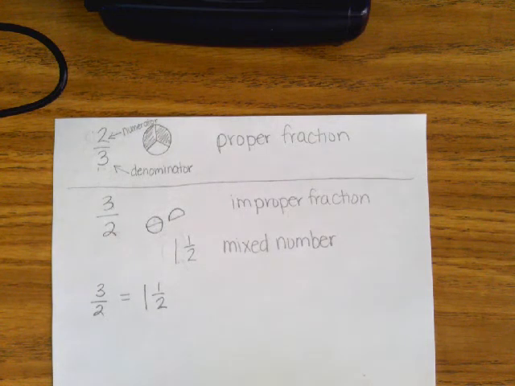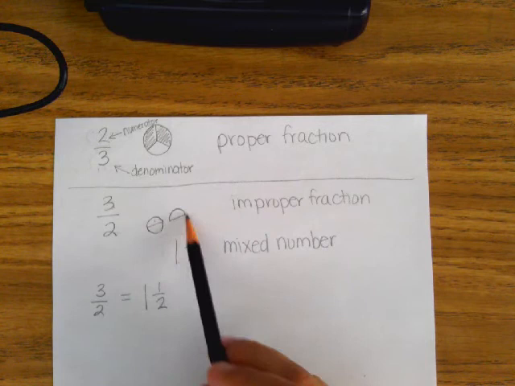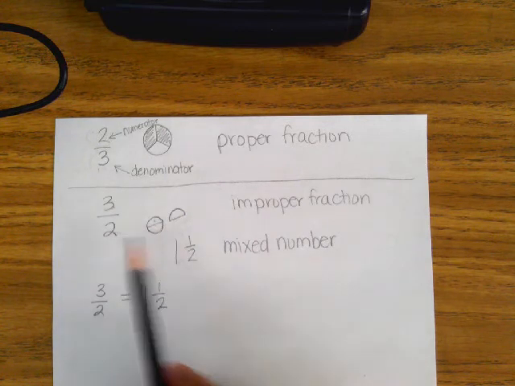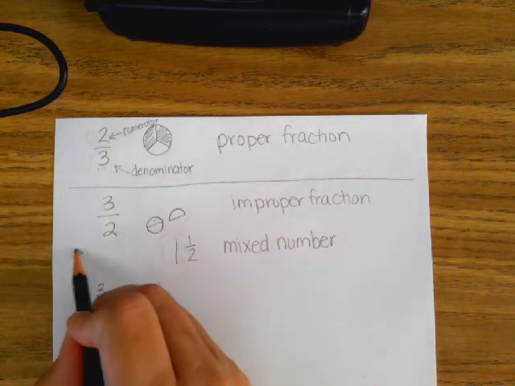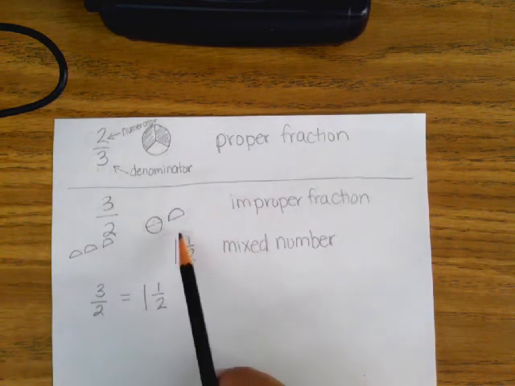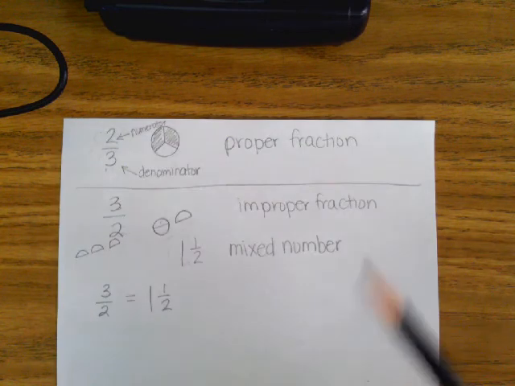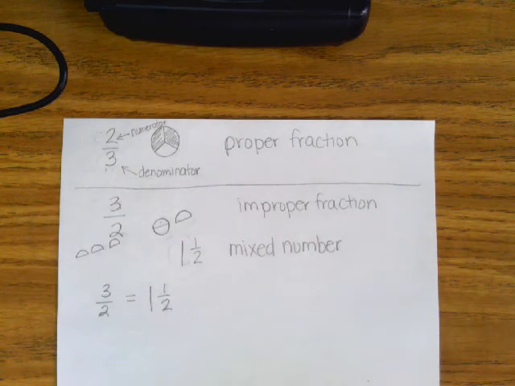So just because I converted between improper fractions and mixed numbers, it doesn't mean that they're not equivalent. They are equivalent. It's still the same amount. I didn't add or take away any of our halves. I just changed the way that we showed them. 3 halves may look like this, and 1 and 1/2 looks like this. So we've just arranged them in a different way.